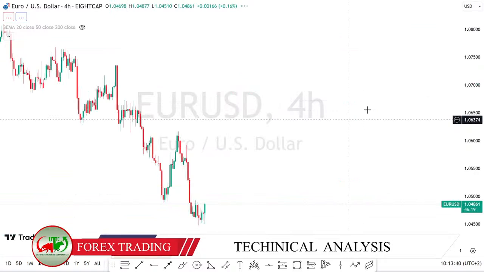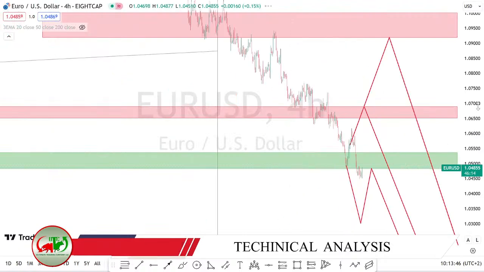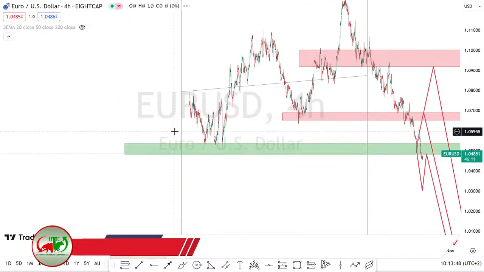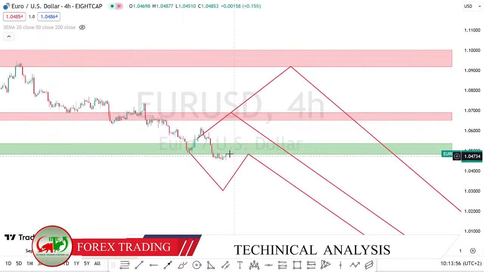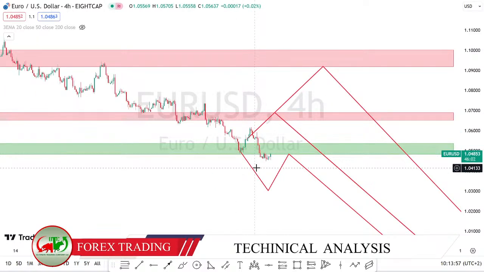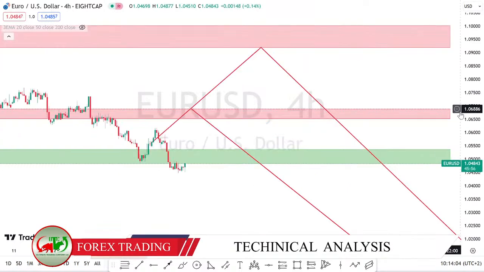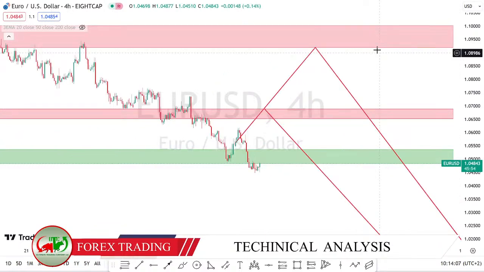EUR/USD, I think I mentioned this support over here, which is a significant support. It is even a daily, weekly, and monthly support, and it has been tested many times in the past. Therefore, we are not selling EUR/USD here. If you remember, we told you that you are looking for sell opportunities at this resistance around 1.0665 or at this resistance around 1.1.